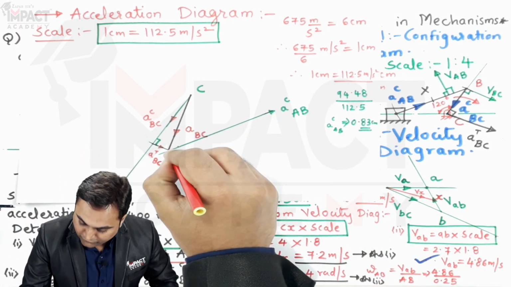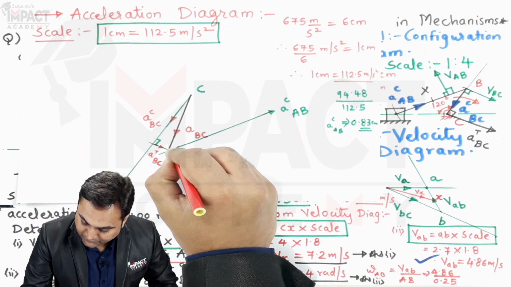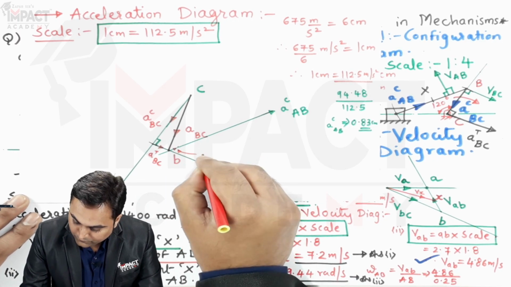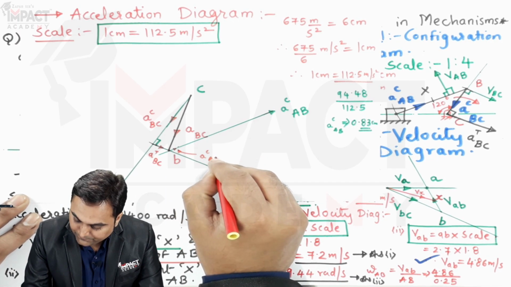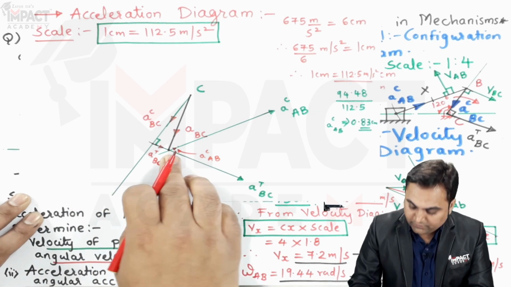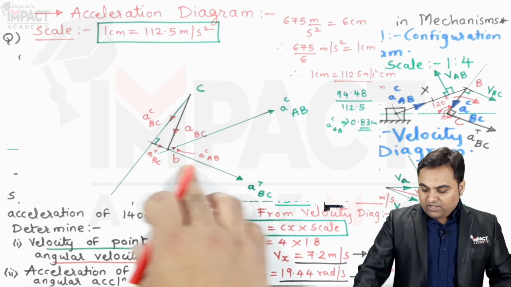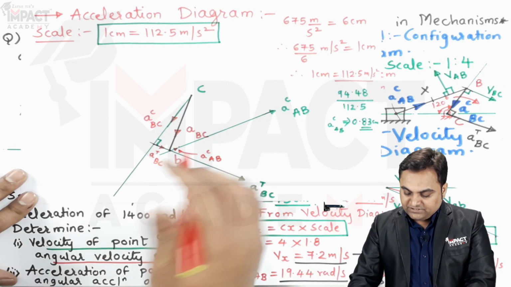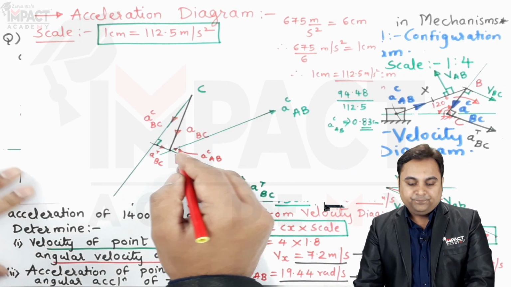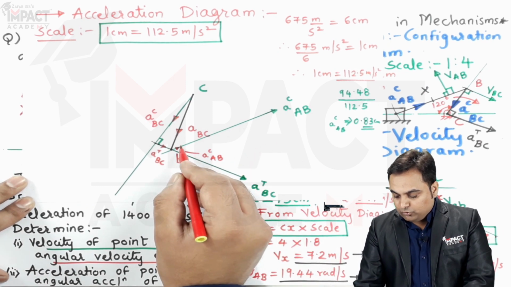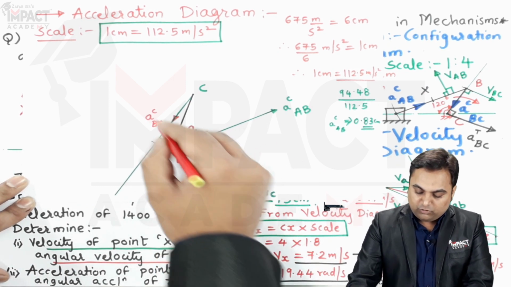And this small line shows the centripetal acceleration for length AB. Then the tangential acceleration is perpendicular, and now when I would be drawing the tangential acceleration from this point, its direction can go downward as well as upward.